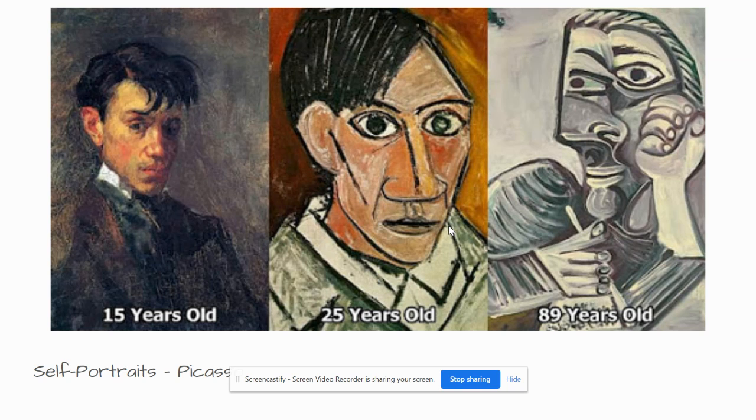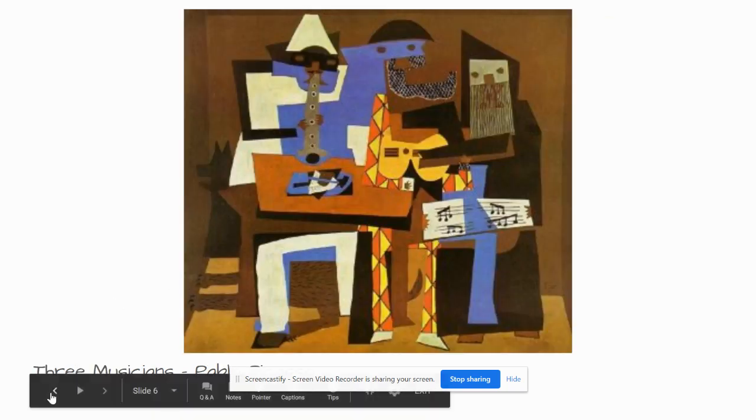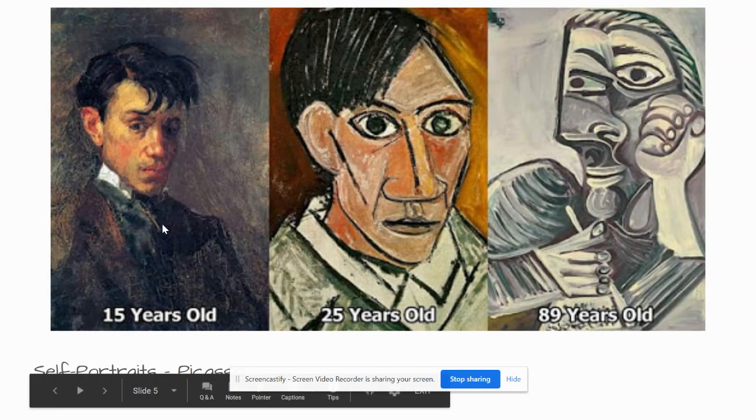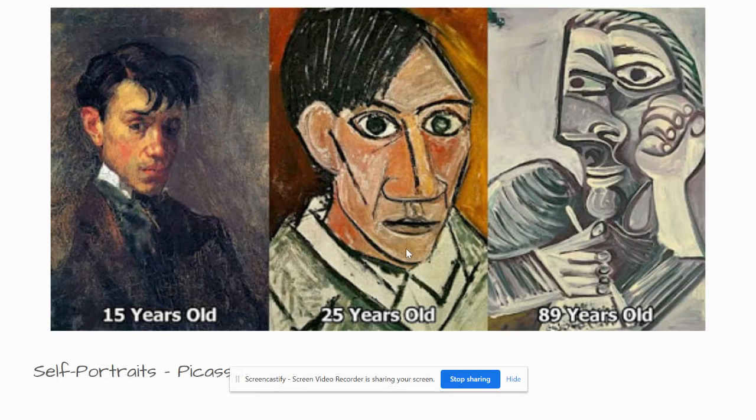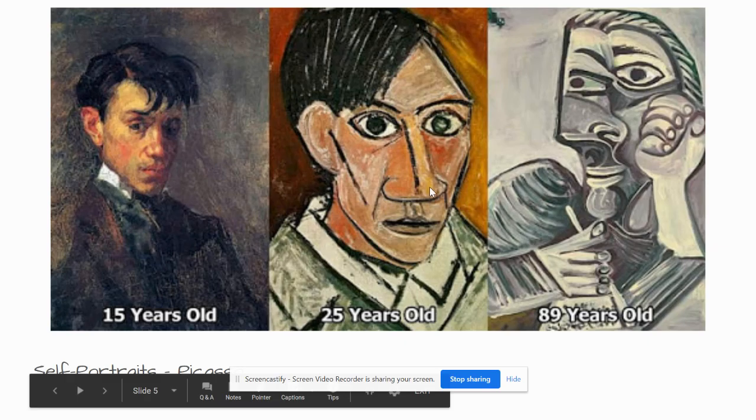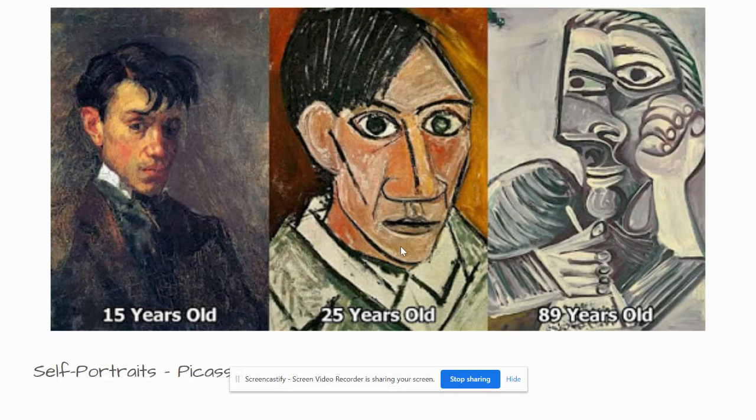This is an example of the evolution of his artwork changing. So at 15 years old, he could paint like this. At 25 years old, just the beginning of Cubism, where he's using flat, sharp, geometric shapes and not trying to create an illusion of three-dimensional space as much. Most paintings are more flat and true to the canvas.